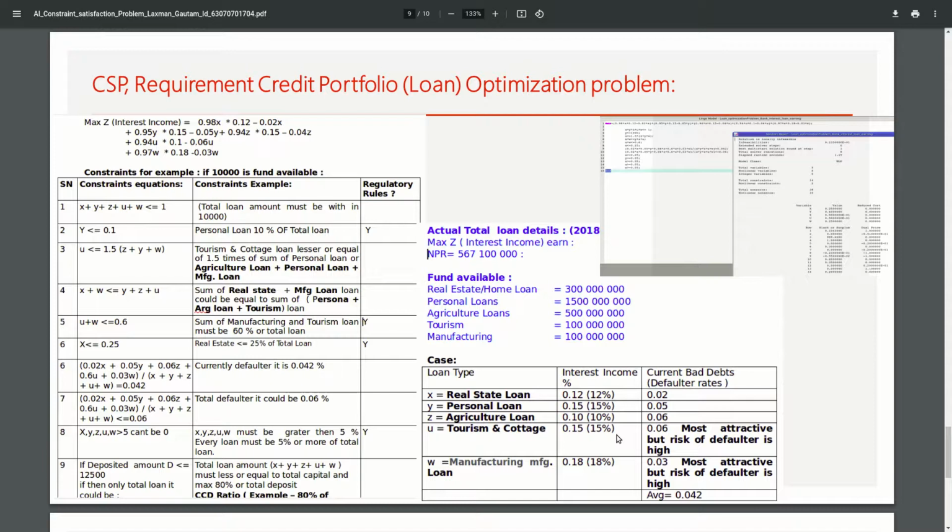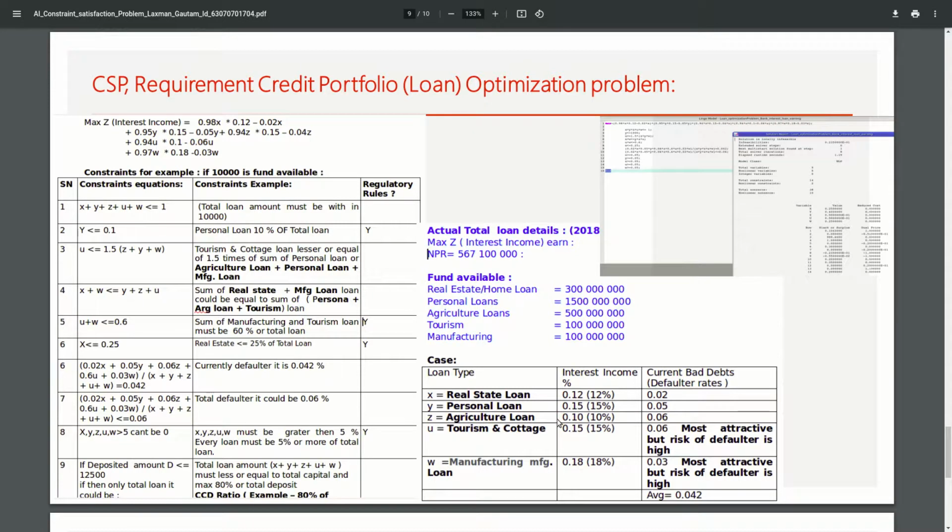When everything is going well, the customer is paying and repaying the loan. But in some cases the customer becomes a defaulter, or is no longer able to pay the loan. Every loan type has its own probability or percentage of failure rate: the real estate loan default rate is 2%, the personal loan is 5%, and the agriculture loan is 6%.